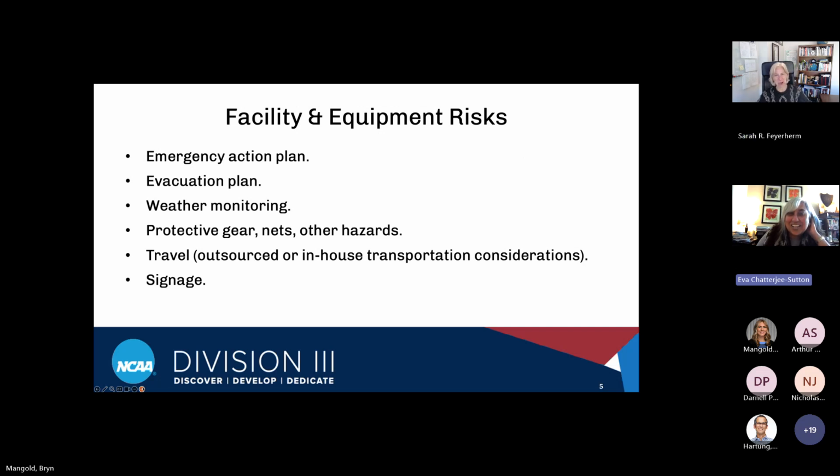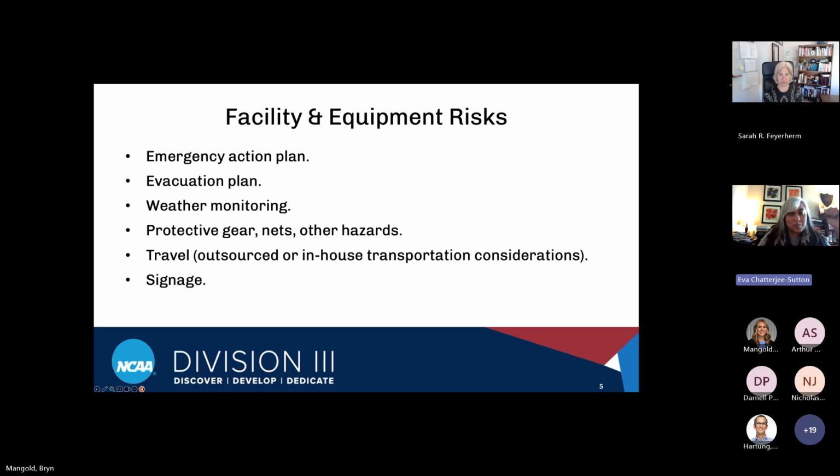All right. So I'm going to talk a little bit about facility and equipment risks from the strategic standpoint and risk standpoint. One of the things that, if you don't have it in place, we highly suggest you consider is your emergency action plan. You likely have one for the college in certain scenarios or situations that could come up.